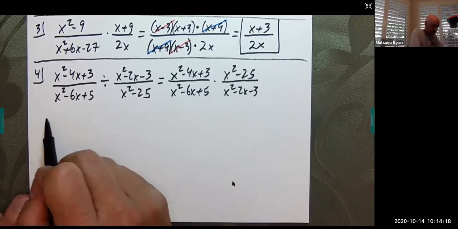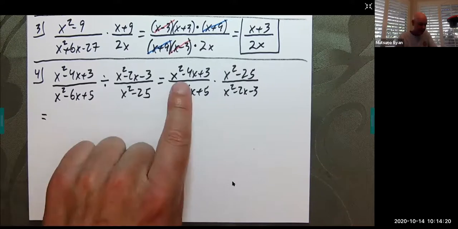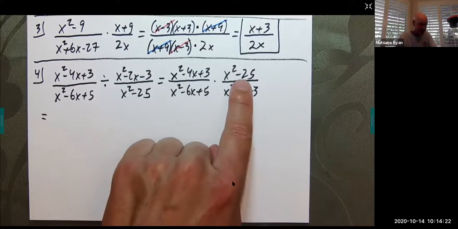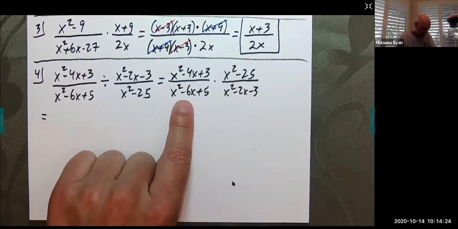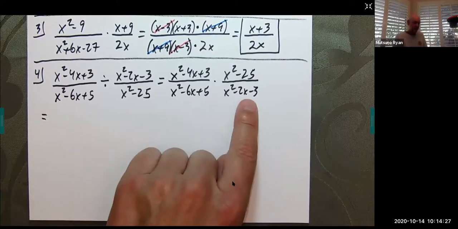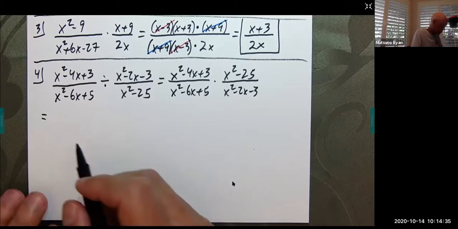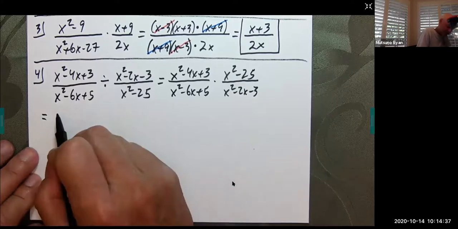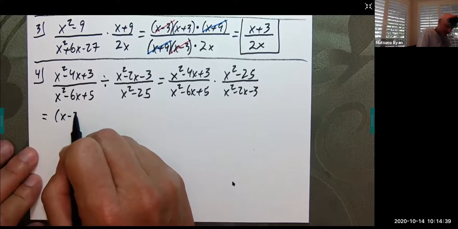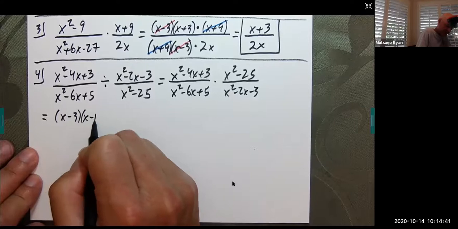And so what's going to happen now is I'm going to factor this times factor that, divided by this factored times this factored. So I'm going to factor all of it all in one step. If you need to go through each process for each of them, then go ahead and work all that out. That's totally fine. So up top, I'm going to have x minus 3, x minus 1.